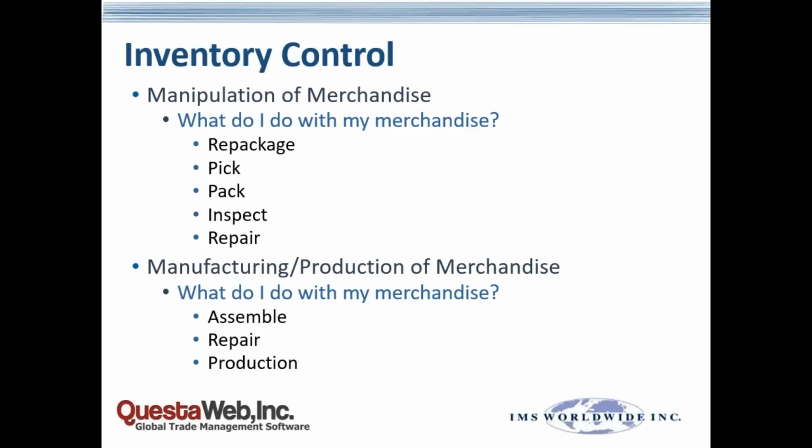So that traceability is very critical within your inventory control process, just as much as what you do for your manipulations. It's extra critical for your manufacturing, where I'm actually making something out of these items.